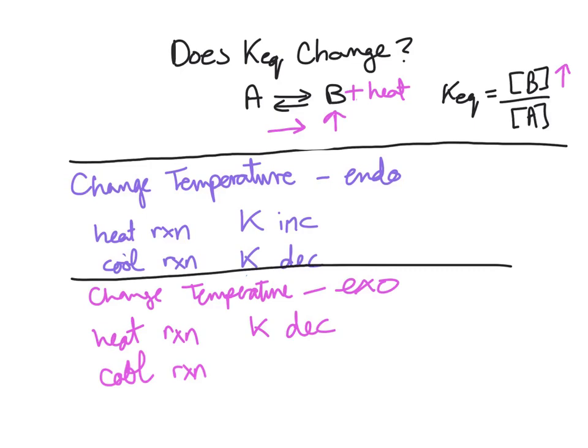No, I did not. So I have more B, but no more A. My KQ will increase. Again, we see that with endothermic and exothermic reactions the shifts are opposite, and so the value of K will increase or decrease in opposite ways. The only thing that changes the value of KQ is the temperature.